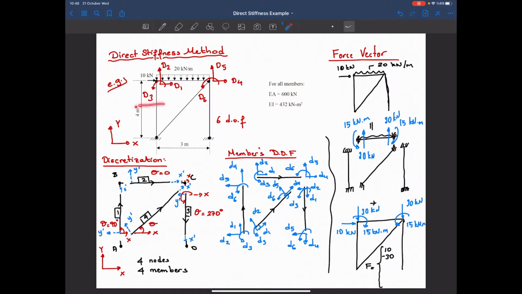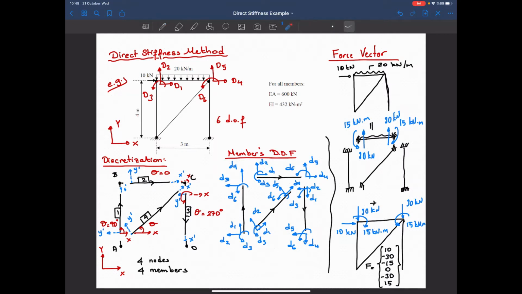The third degree of freedom will be rotation, and I got 15 kilonewton meter moment. They are in the opposite direction, that's minus 15. No force in the fourth degree of freedom, 0. In the fifth, I got minus 30. And in the sixth, I got 15 kilonewtons. So this is the force vector.